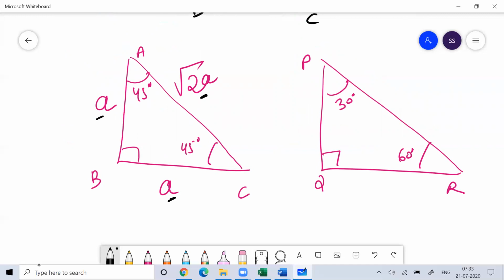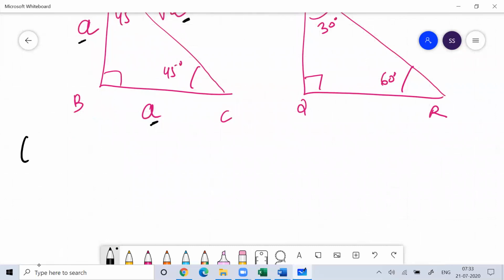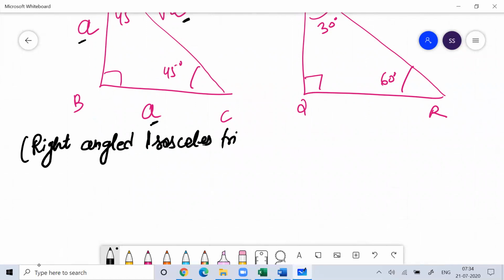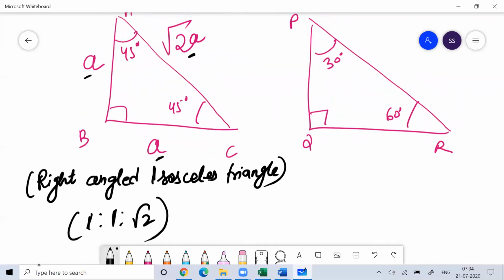So if you talk about a right angle isosceles triangle, the sides are always in the ratio 1:1:root 2.